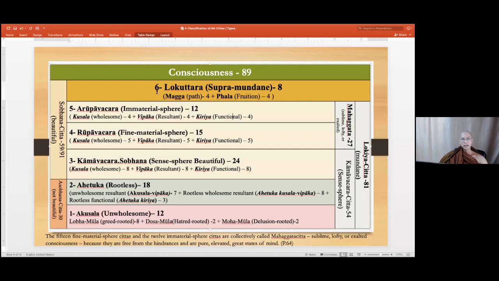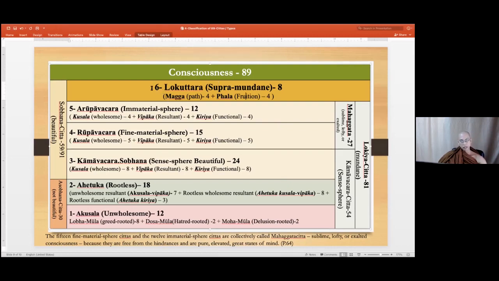Then the last category, Lokuttara, supramundane, 8. It has only 2 categories, path and fruition. Path, magga, 4, and fruition, phala, 4. Altogether 8 Lokuttara chitta. In this way, we get the 89 consciousness.